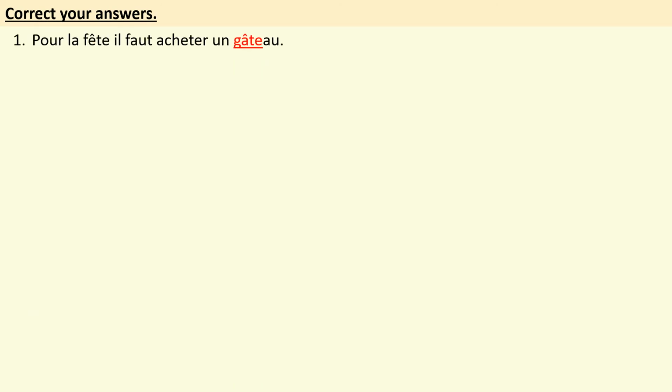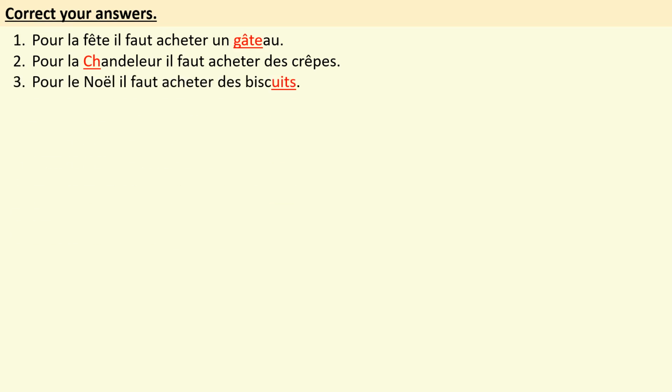Let's check those answers and correct them if necessary. So, pour la fête, il faut acheter un gâteau, not un gâteau. Not gate like a gate that you open. 2. Pour la chandeleur, il faut acheter des crêpes. Not a ch sound, a sh sound. 3. Pour le Noël, il faut acheter des biscuits. 4.